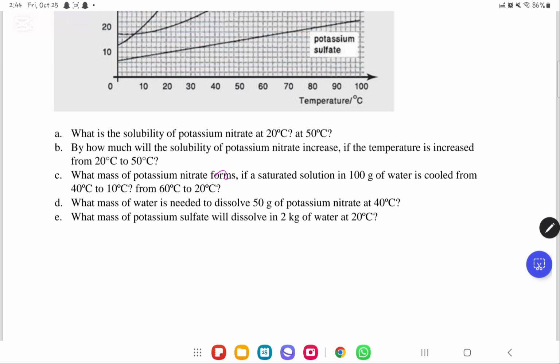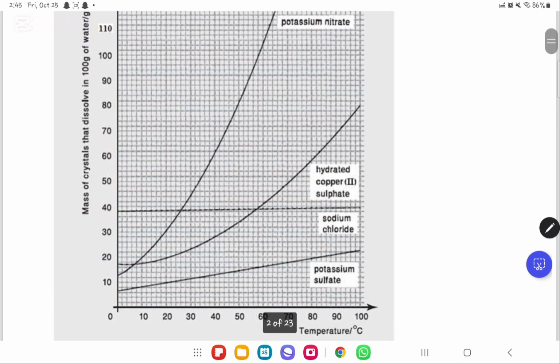Now for the second part, we have from 60 degrees Celsius to 20 degrees Celsius. So let's go up. 60 degrees Celsius, what is the mass dissolved? If you go up, it is almost, I will say 105. Wait, excuse me. Let me redo it because it wasn't that clear.